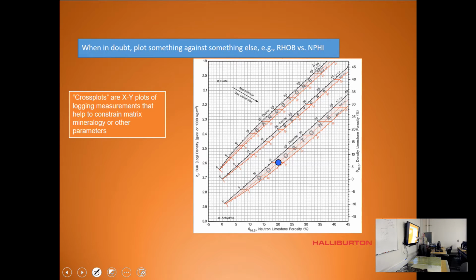And so if you plot your density, in this case like 2.6, and then you have a neutron porosity of 20, well then that implies that you have a dolomite or dolostone, same thing, matrix. So that's how you actually go and decide what the curves mean when they're separating, and it's not a gaseous bed. You can use a transformation like this, sometimes called a cross plot, that's plotting one thing against something else. Okay.